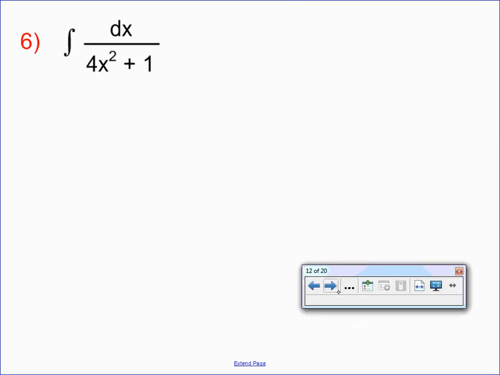Great. All right. How do we want to tackle number 6 then? And so what does number 6 look like? Is this looking like the natural log again for number 6?